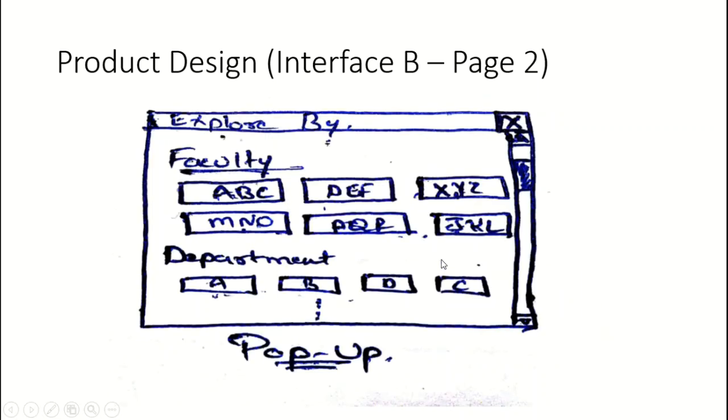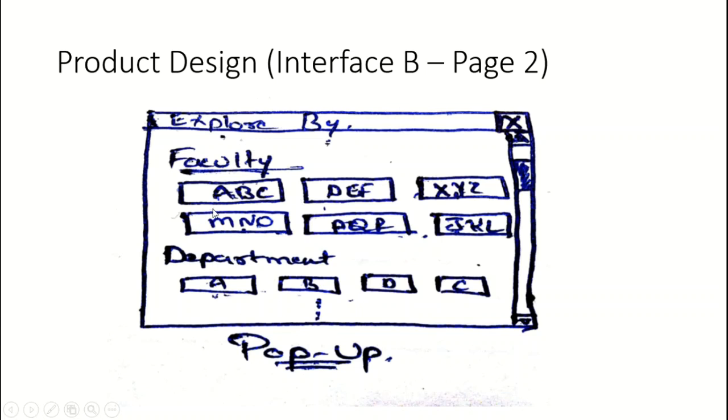So that is our newspaper metaphor, and once user clicks on that explore button, user would be provided the second page where user can shortlist the award based on the faculty, which department that student belongs to, as well as the department.